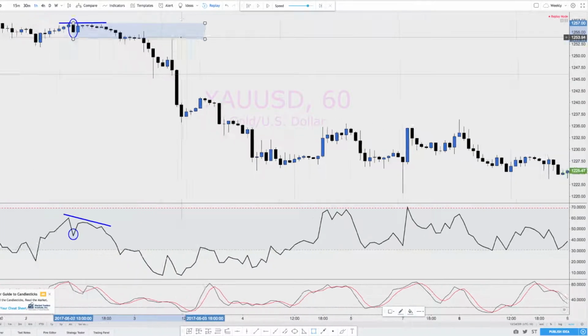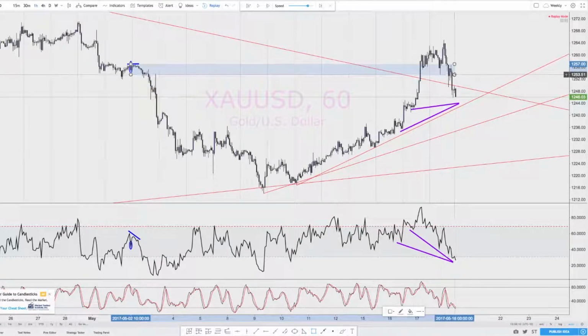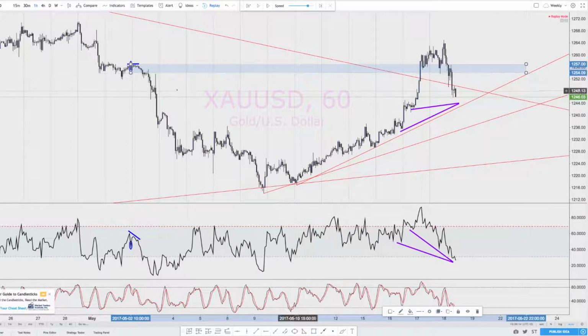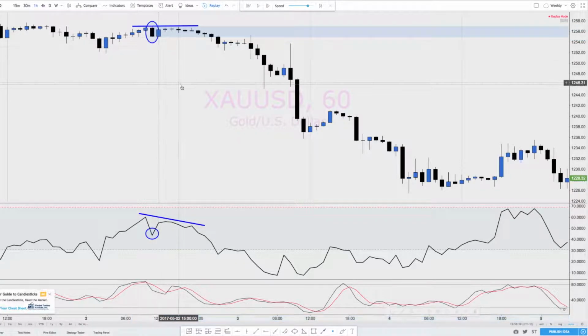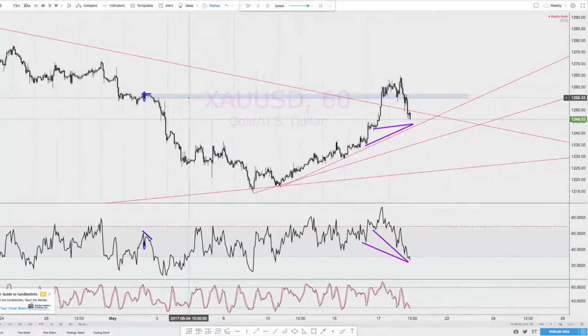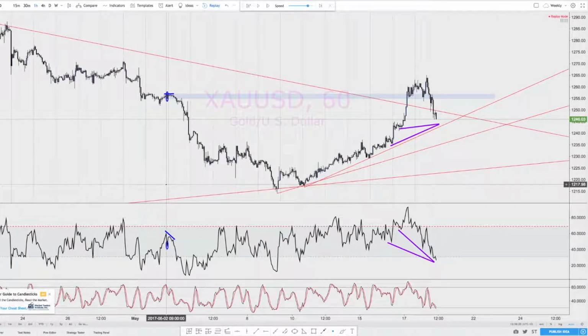Bring the zone across. Adjust it here. And we'll take that zone. We'll look for, okay, so here is a bearish hidden divergence.